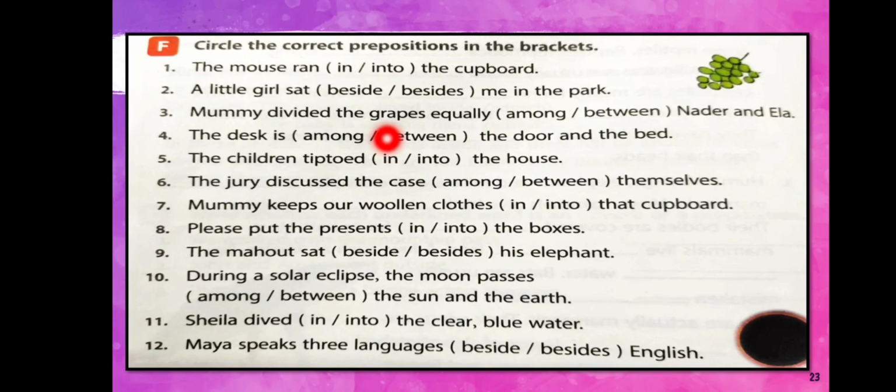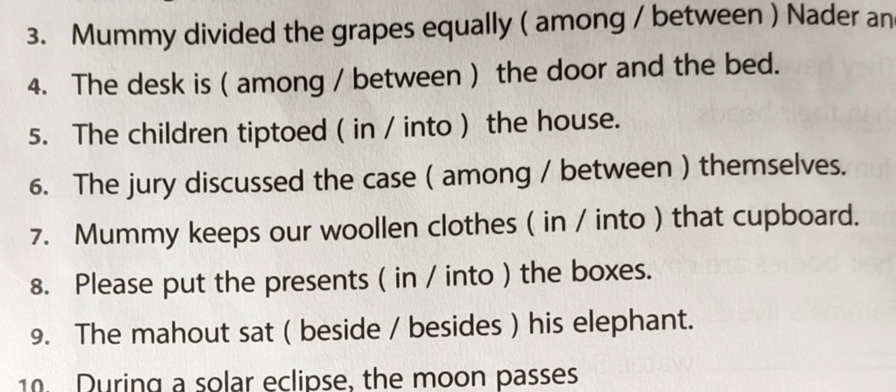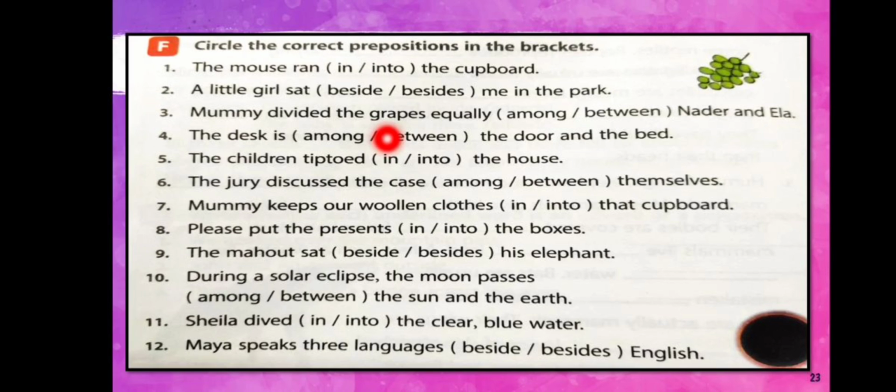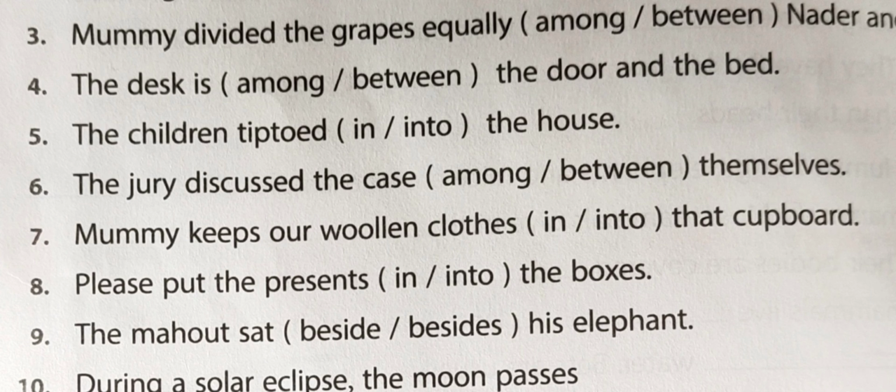Before doing exercise number F, let us take page number 93. Confusing prepositions. In confusing prepositions, you have three sets of prepositions. The first one is among and between, that we discussed already. Between is used when something is in the middle of or shared by two people or two things.